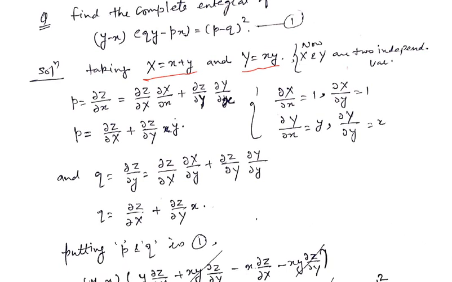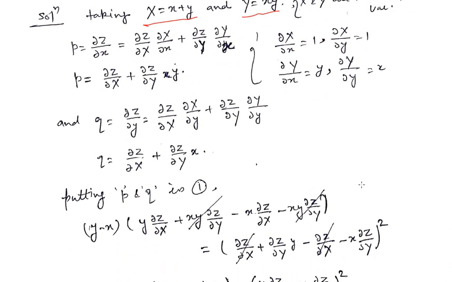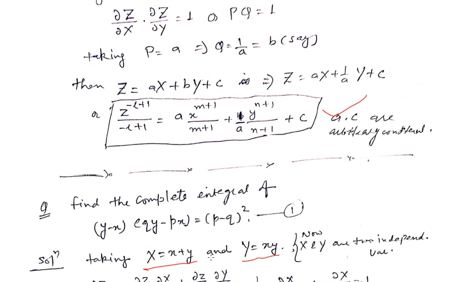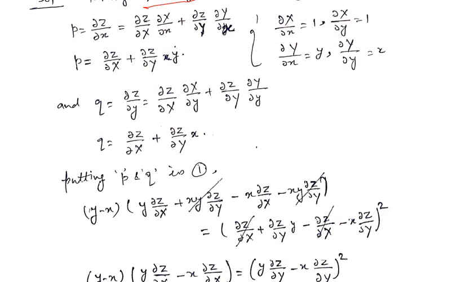Now putting the value of P and Q in the given equation, here we will replace P and Q. We get this equation: x del z upon del capital Y cancels out, del z upon del capital X cancels out.